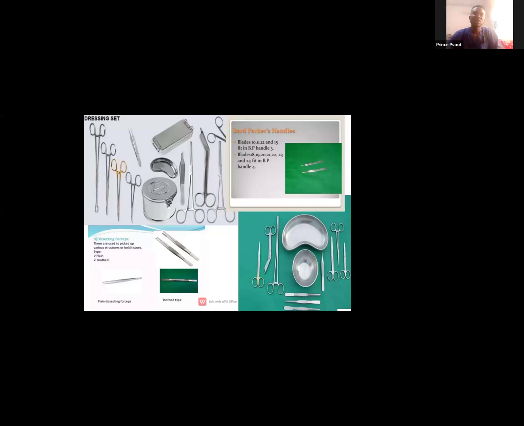So an important part of wound dressing for a nurse, for a caregiver, is to identify your equipment. You will not see an instrument and call it Babcock. You understand?